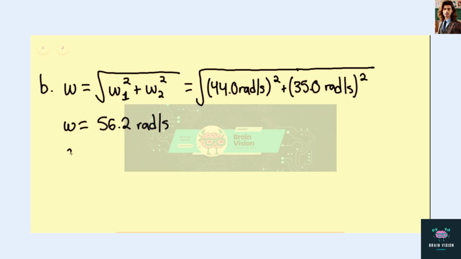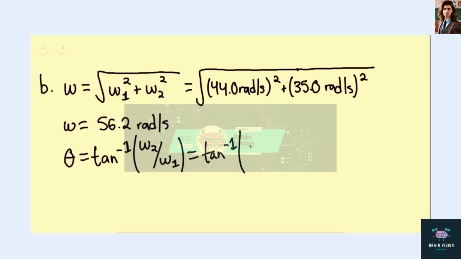And if we wanted to find the angle with which the magnitude of the angular velocity is directed, we can say theta would equal arctan of omega sub 2 divided by omega sub 1. And so this would be arctan of 35.0 divided by 44.0, and this equals 38.5 degrees.